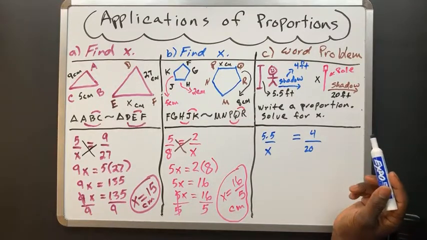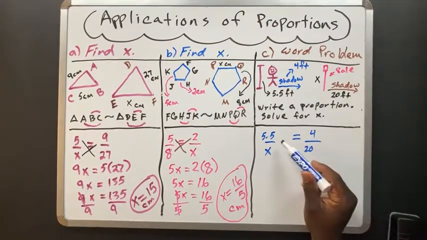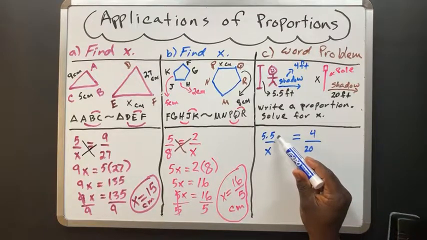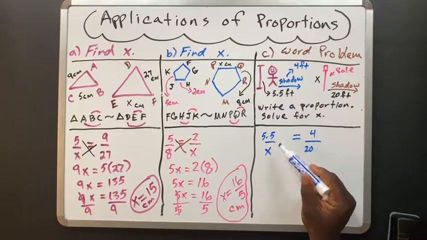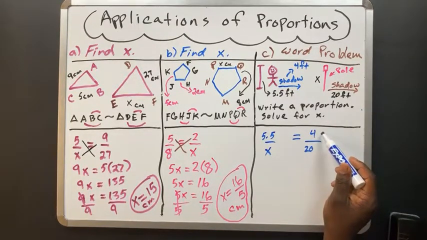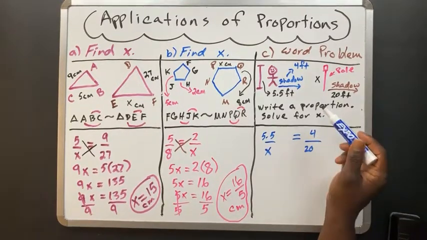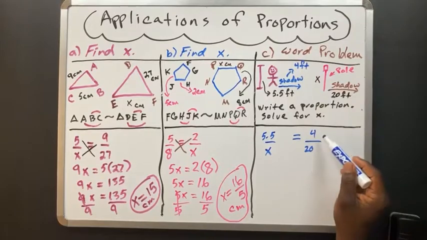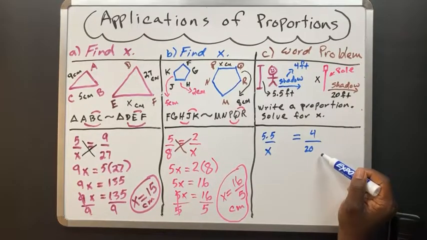Okay? So let's double check that. The height of the person is 5.5 feet. The height of the pole is X. The length of the shadow of the person is 4 feet. It says it right there. And the length of the shadow of the pole is 20 feet.